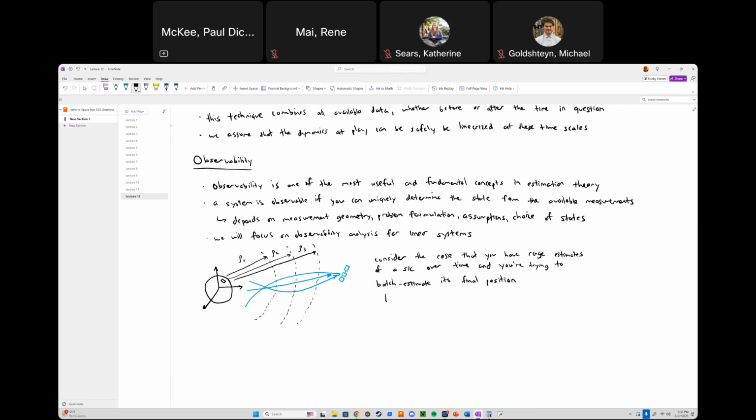In this case, you are only ever looking at one component of its position. So because of that, you're not going to get the complete picture.